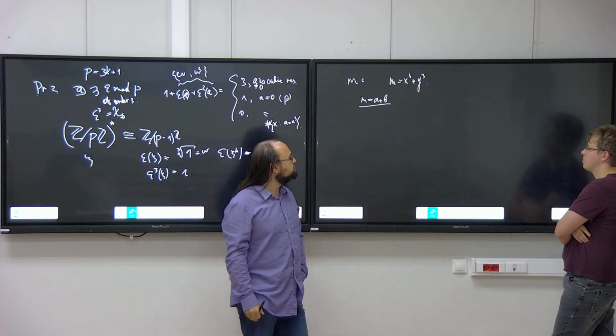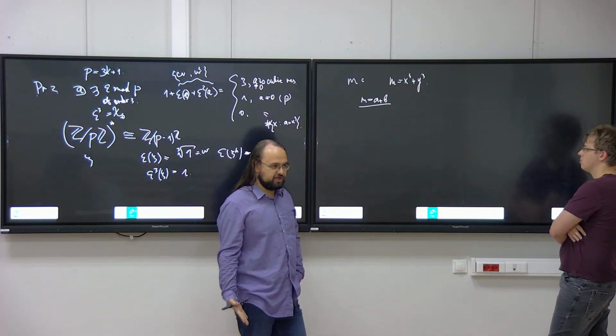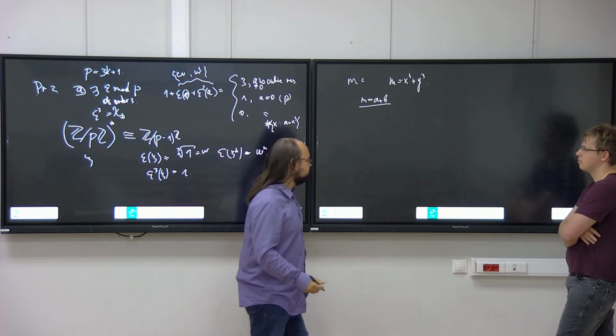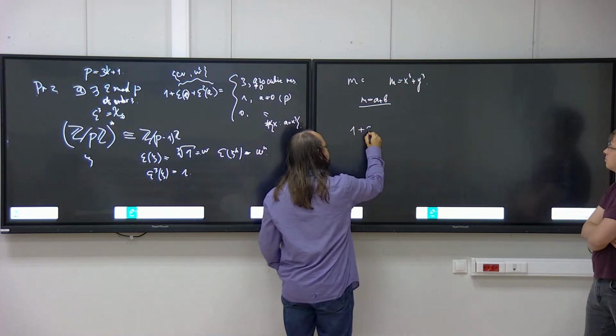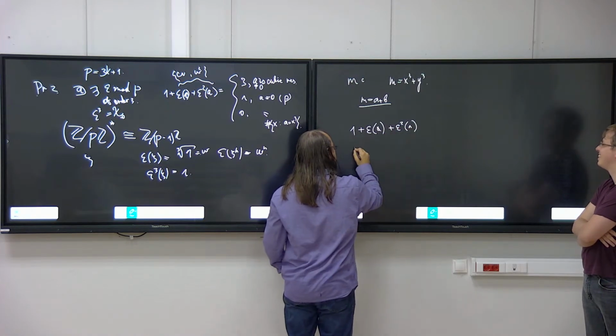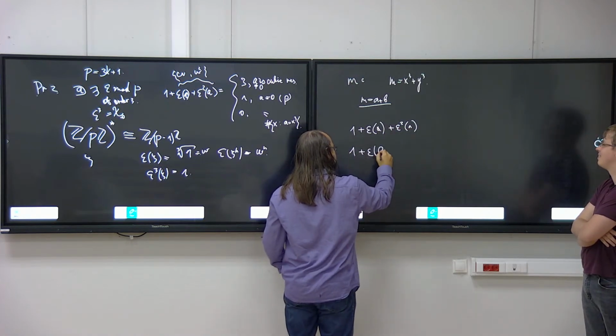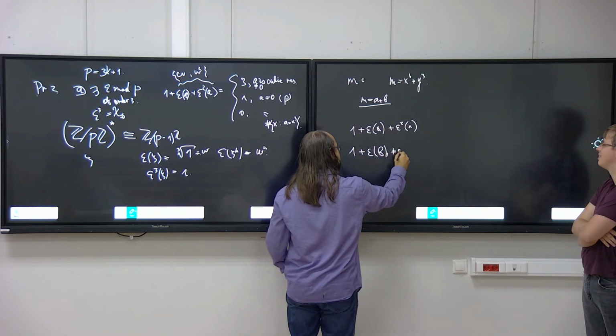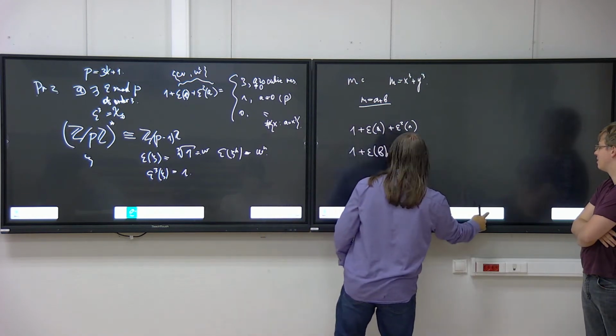Look at all the solutions to M equals A plus B. Then over all such solutions, let us consider this thing and also this thing.